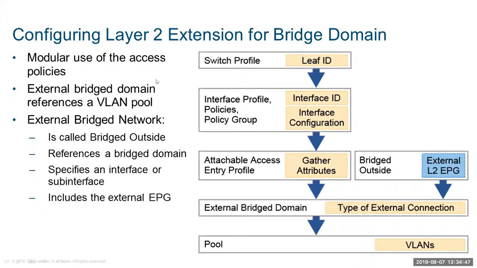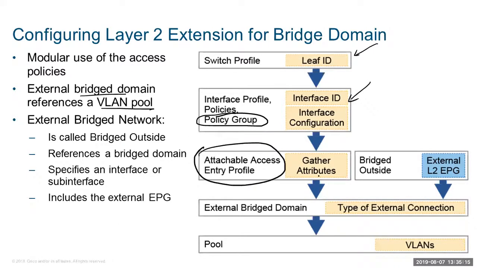There it shows you, you're going to be specifying the external bridge domain. It will reference a VLAN pool, leaf ID, that's the switch ID, the interface or the range of interfaces, the policy group. Policy group actually has the attachment point, which connects it to the bridge domain, which specifies the range of VLANs.